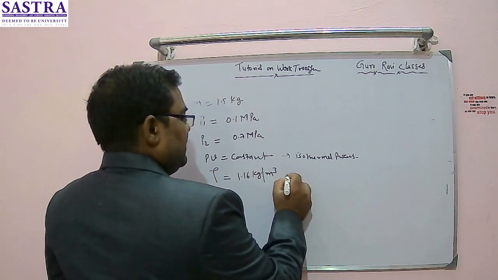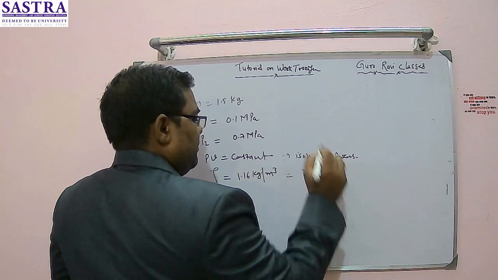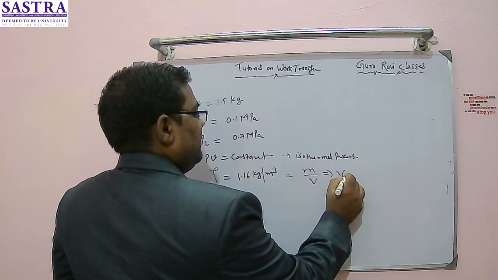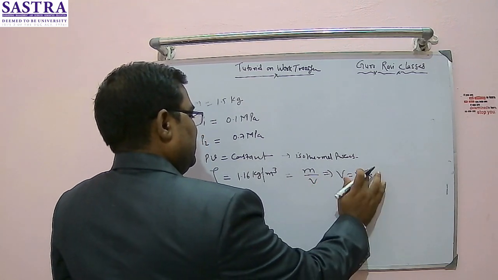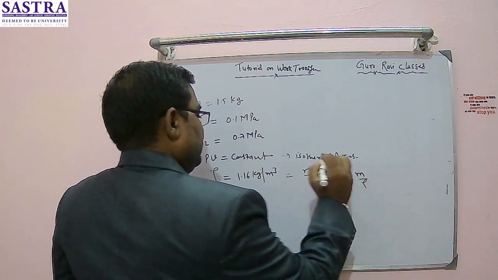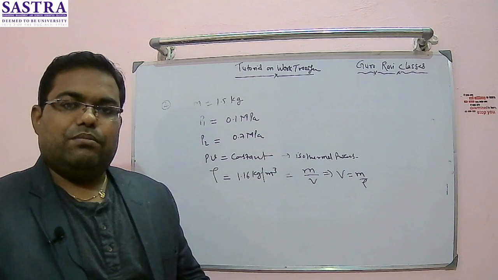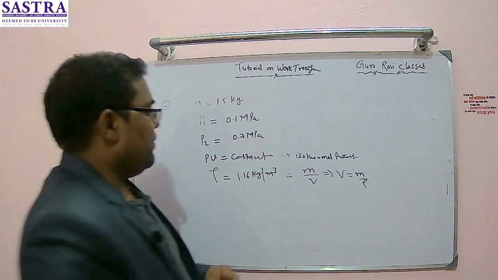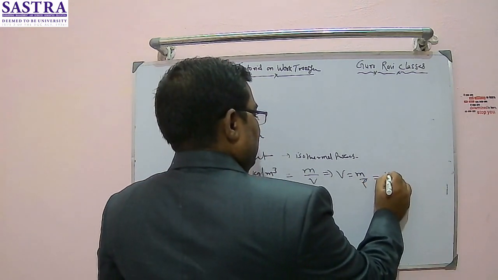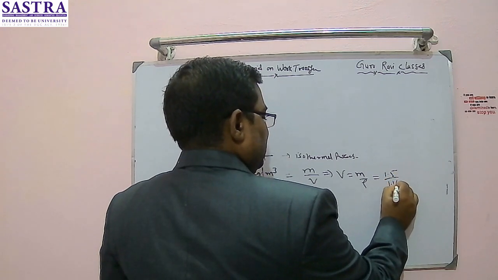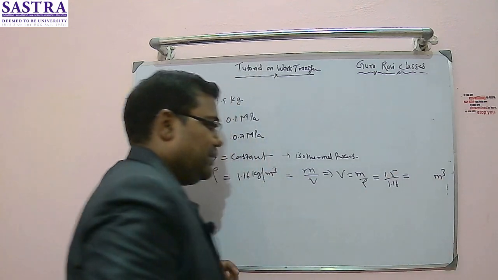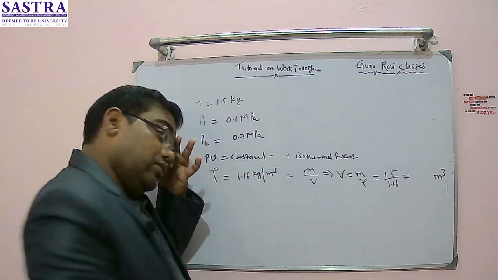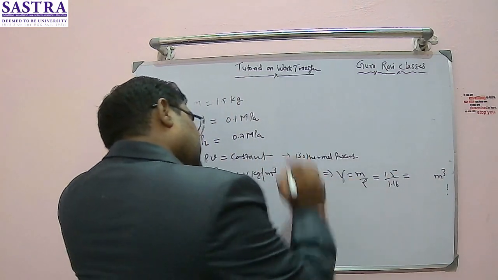Density is defined as mass divided by volume, so volume is mass divided by density. Mass is given 1.5, so 1.5 divided by 1.16. Whatever value you get, that is in meter cube. This is your initial volume, V1.